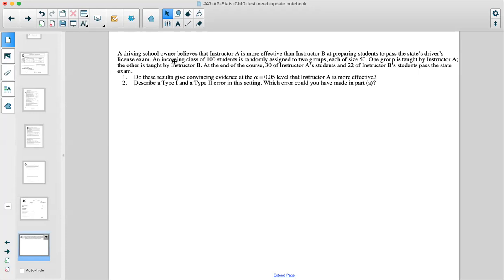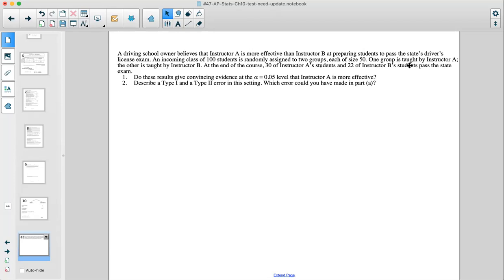A driving school owner believes that instructor A is more effective than instructor B at preparing students to pass the state's driver's license exam. An incoming class of 100 students is randomly assigned to two groups, each of size 50.